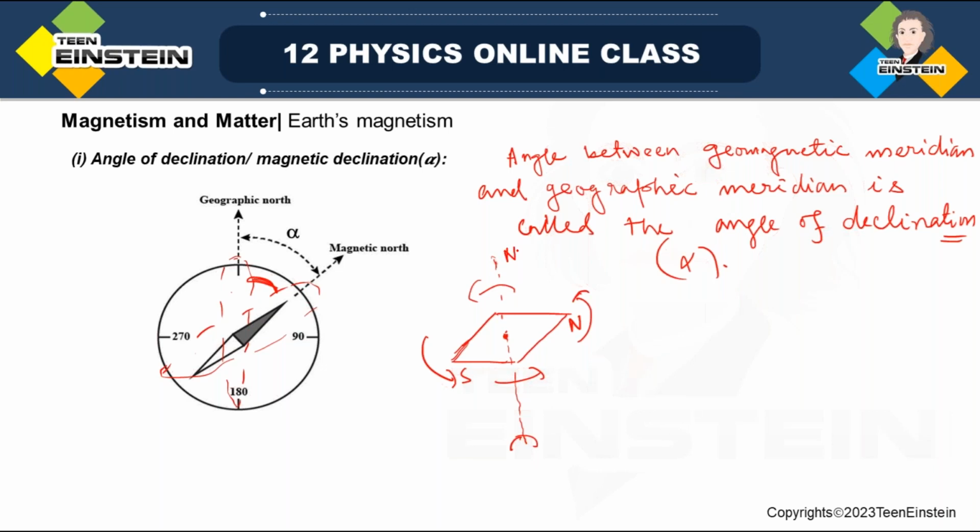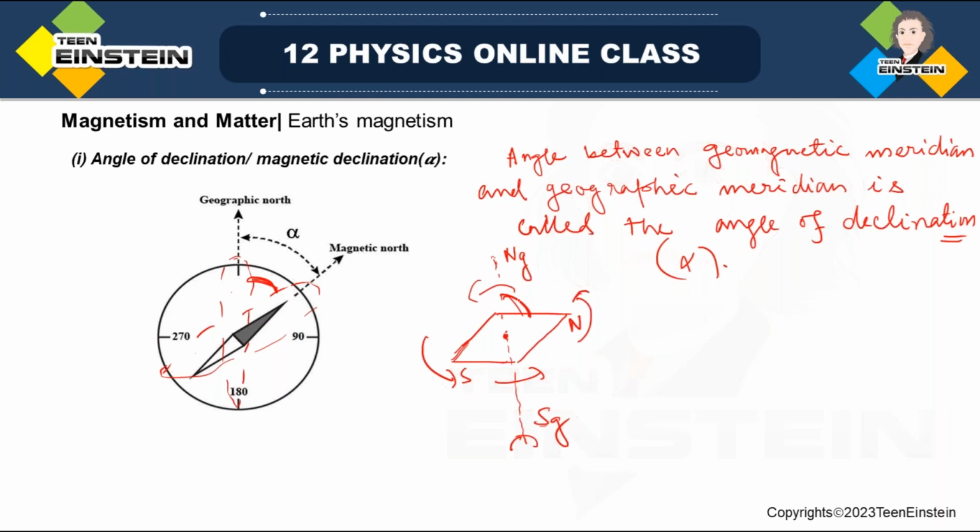So this is the angle, and by knowing the declination we can determine the vertical plane in which the earth's magnetic field lies.